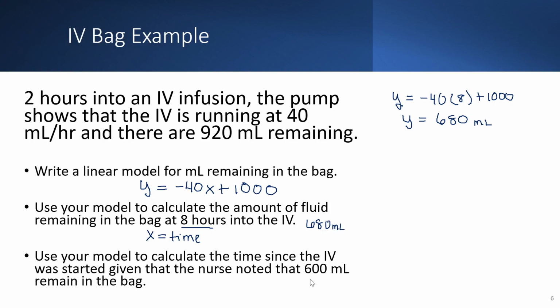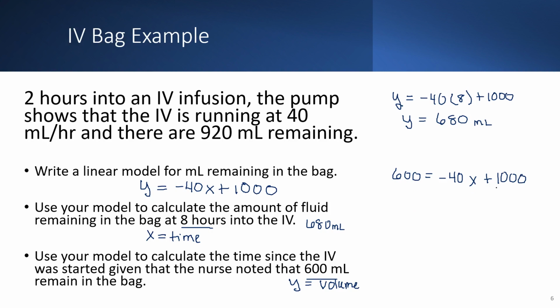Now I go on to this third question, and it says, use your model to calculate the time since the IV was started, given the nurse noted that 600 milliliters remain in the bag. We had, at the beginning of this problem, mentioned that y is the volume, and so this 600 milliliters is going to go into my formula for y. So replacing the y with 600, and because we're asked for the time, that means that we're going to be solving this for the time. So we have a little bit of algebra to get x by itself.